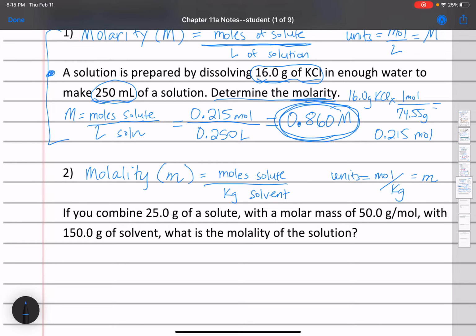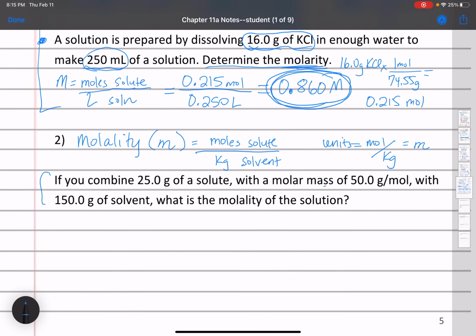In this one it says if you combine 25 grams of a solute with a molar mass of 50 grams per mole with 150 grams of solvent, what is the molality of the solution? Sometimes it may be helpful to draw pictures. I like to do that sometimes.